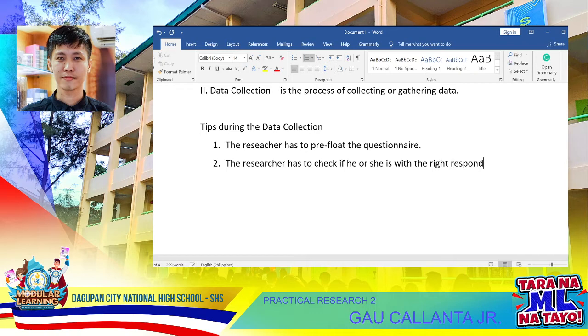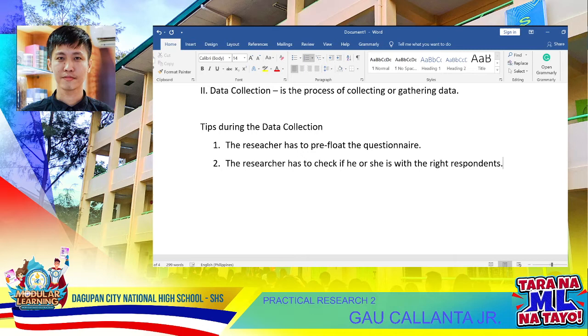Baka hindi naman sila pala yung respondents mo. If there's a list of names, then he or she has to check if that is the right person to answer the questionnaire.